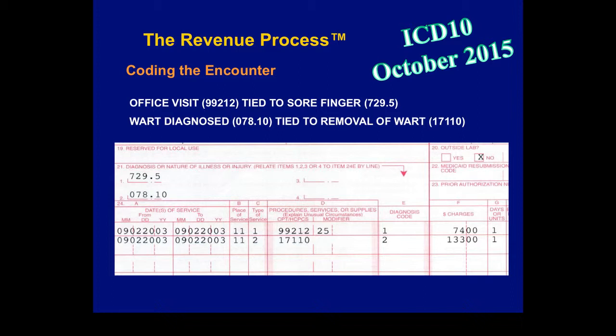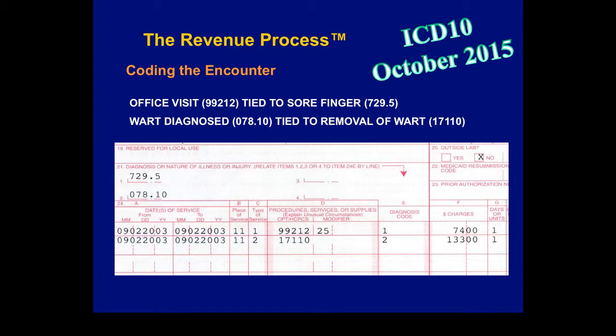Now, where you end up having troubles is you have practices that will put the 99212 and the 17110, and over in that diagnosis codes, they're going to put 1,2 and 1,2, or 1,2, 3, 4, or 112, or whatever. Well, when I get that as a health plan, you've just basically said, here's everything I did, office visit and wart removal, and here's all the reasons I did stuff, sore finger and removal of a wart, or sore finger and a wart, and I'm going to say, you decide what you want to do.